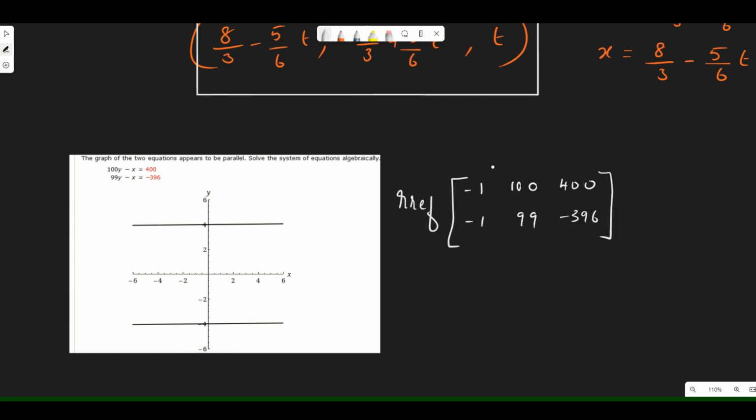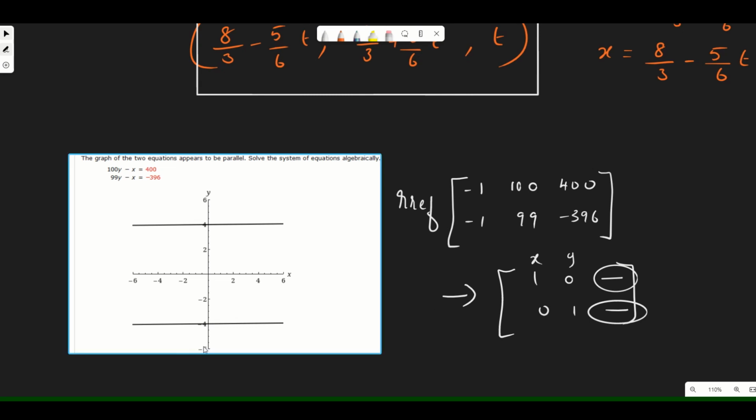Then this will be reduced to some equation, say 1, 0, 0, 1, and you may have some values. So you know this is the coefficient of x and y. You know what is x. X value is this. Y value will be this. So you can find the solution for those two by solving the equations. It's not necessary that you make use of your graphing calculator. You can just try that by solving the two equations.